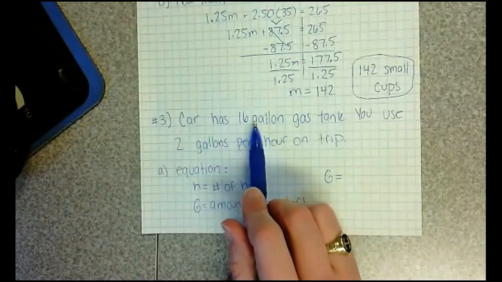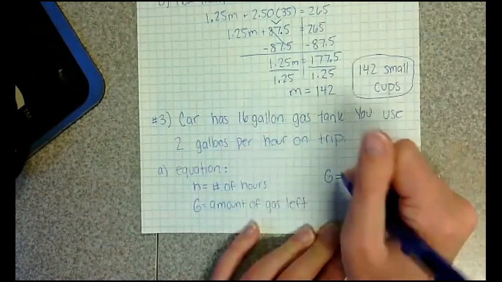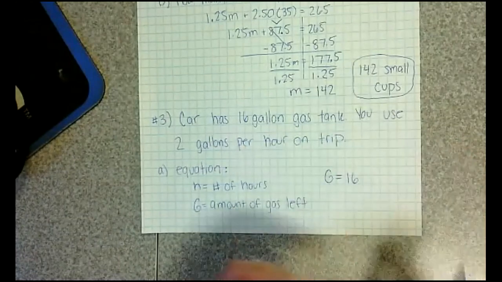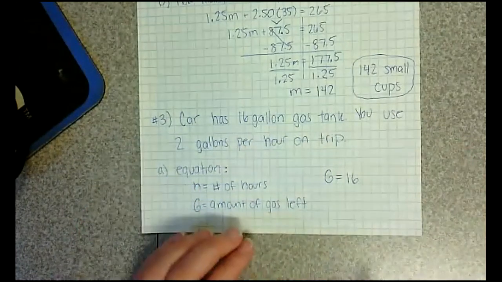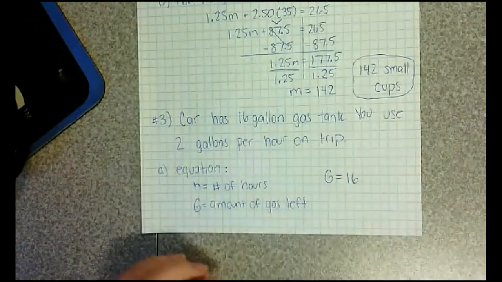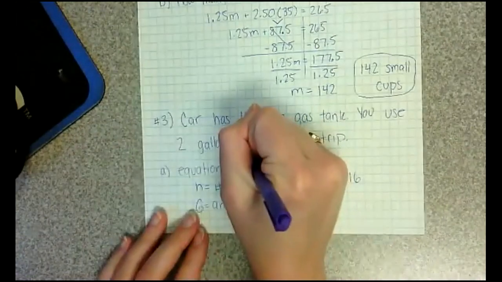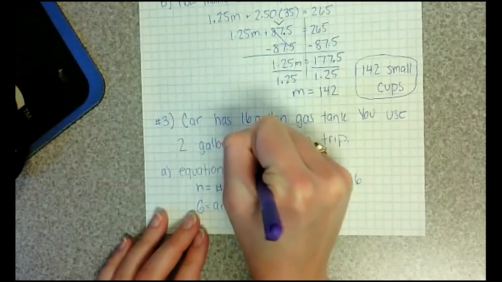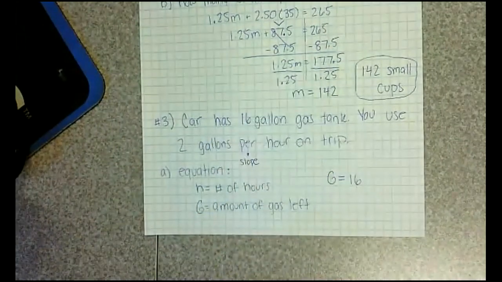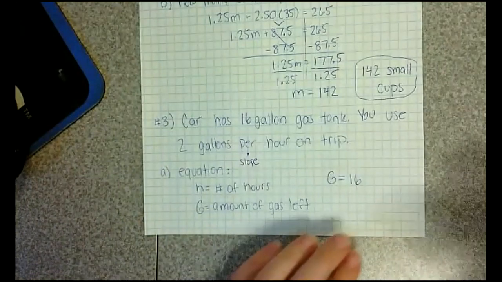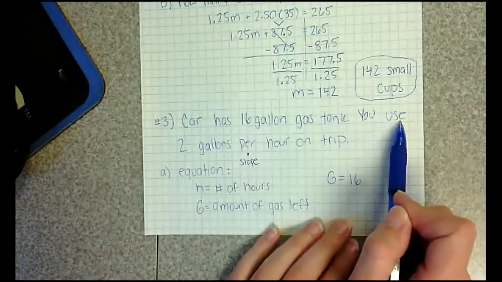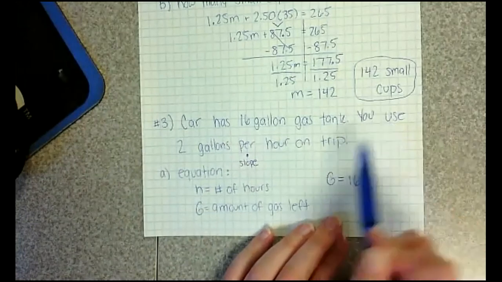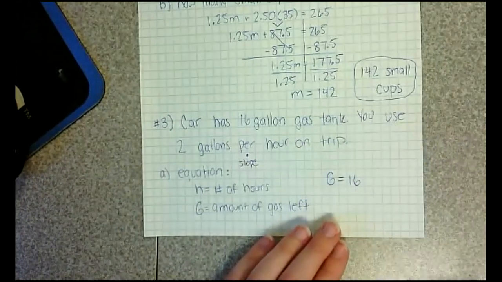I start with 16 gallons, so that would be my y-intercept. And then if you think back to the first problem, we said per was multiplication or our slope. Anytime you see the word per, think slope. So 16, we're using though. So over time, the amount of gas is getting smaller.